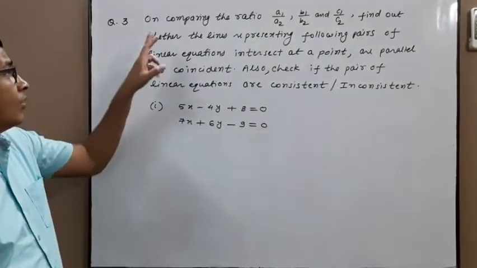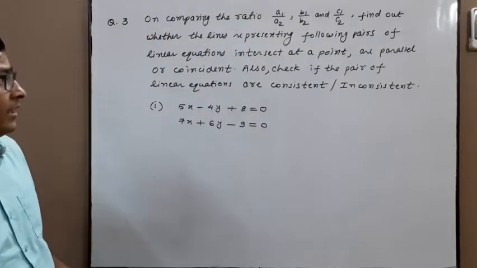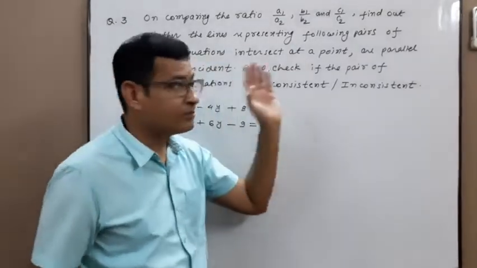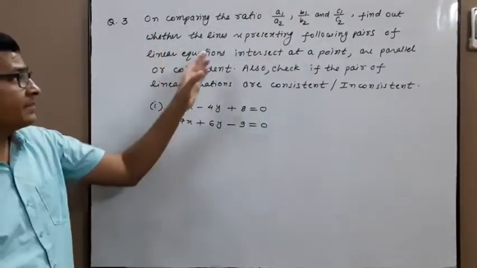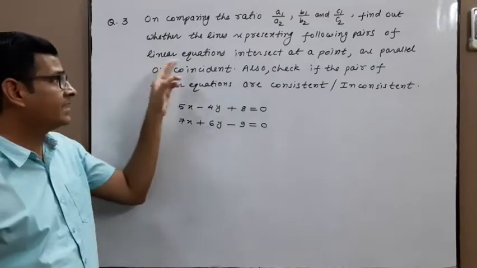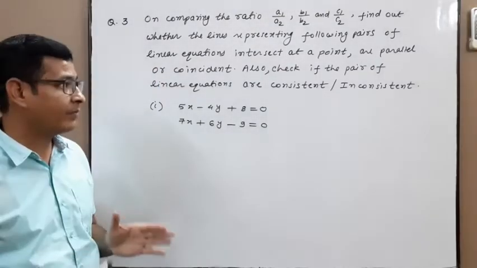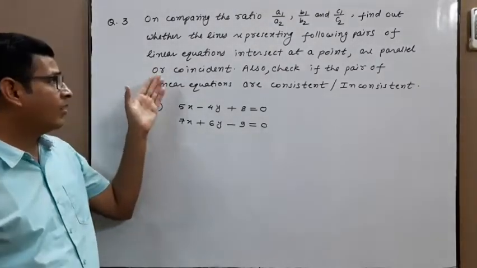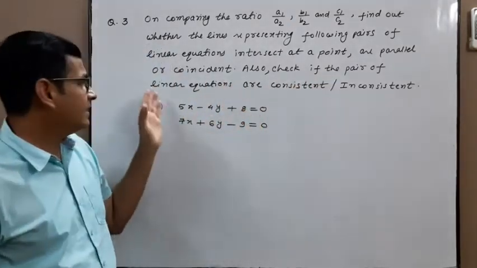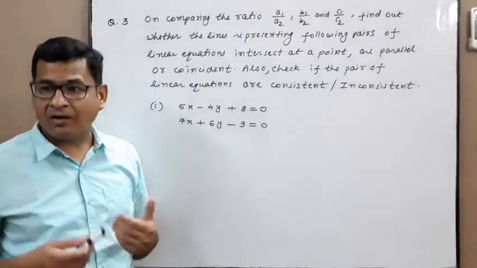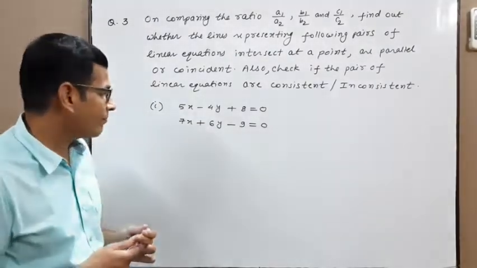Next problem. On comparing the ratios a1 by a2, b1 by b2 and c1 by c2, find out whether the lines representing the following pairs of linear equations intersect at a point, are parallel or coincident. Also check if the pair of linear equations is consistent or inconsistent.